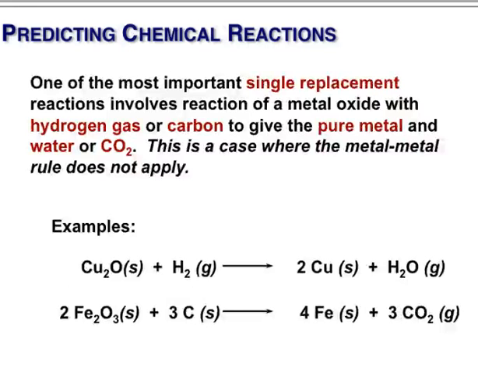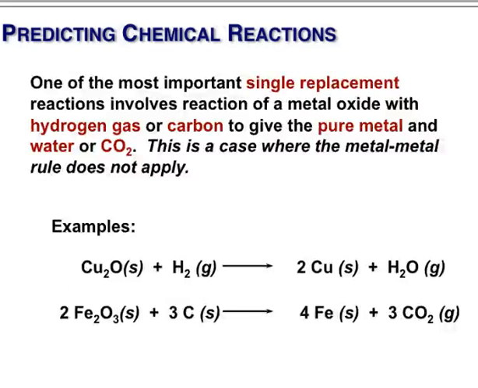If we take copper 1 oxide and we react that with hydrogen gas, if we did our nonmetal rule, we would expect hydrogen and oxygen to simply change places. Well, we don't.